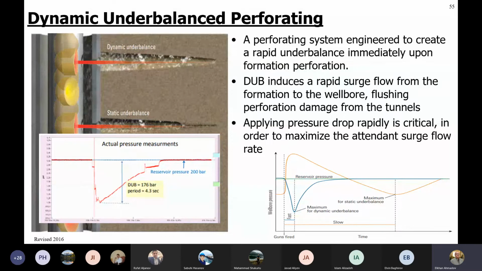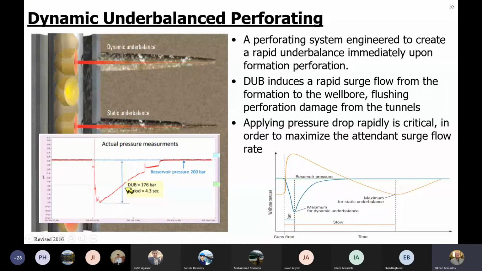But with the dynamic underbalance, creating a very high pressure drawdown at the wellbore helps to clean the perforation tunnel and get a larger perforation tunnel.